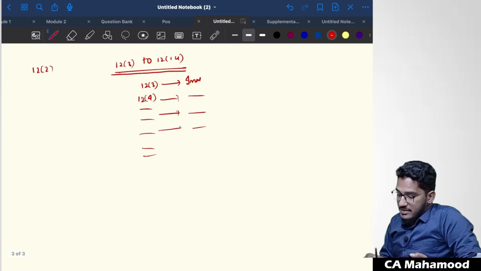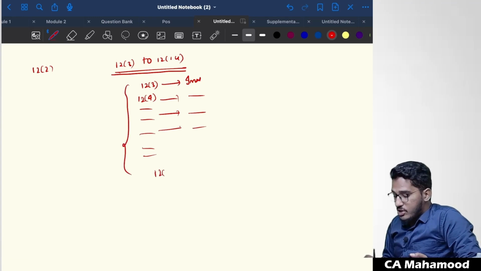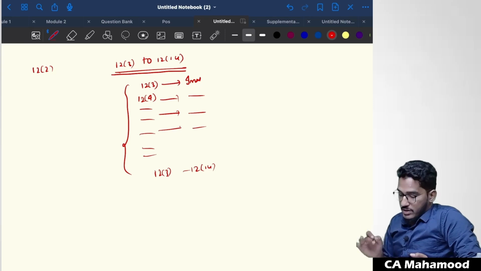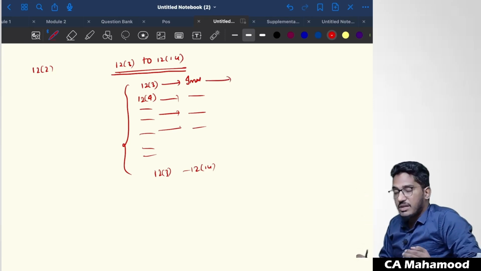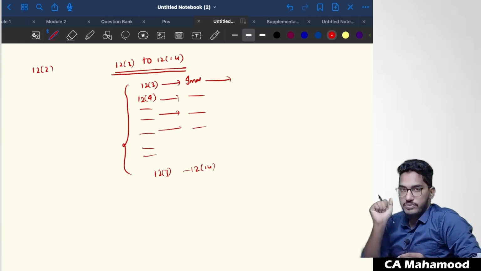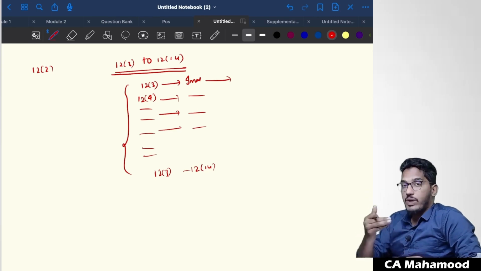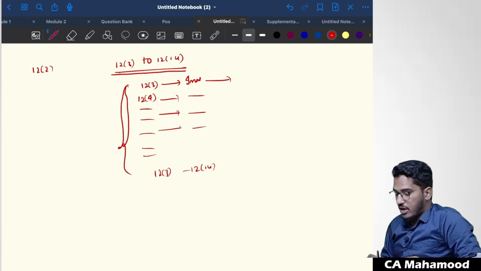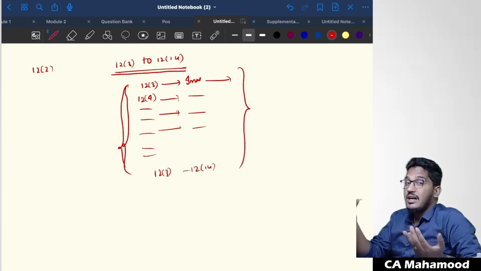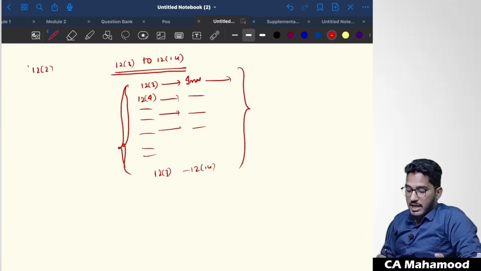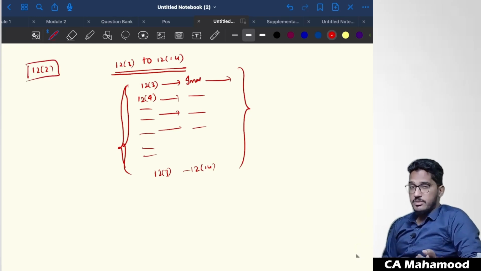Each subsection from 12 subsection 3 till 12 subsection 14 will be addressing a specific kind of service. If you are providing a certain kind of service which does not fall under any of the specific services mentioned from 12 subsection 3 to 12 subsection 14, then how to determine place of supply will be addressed under 12 subsection 2.